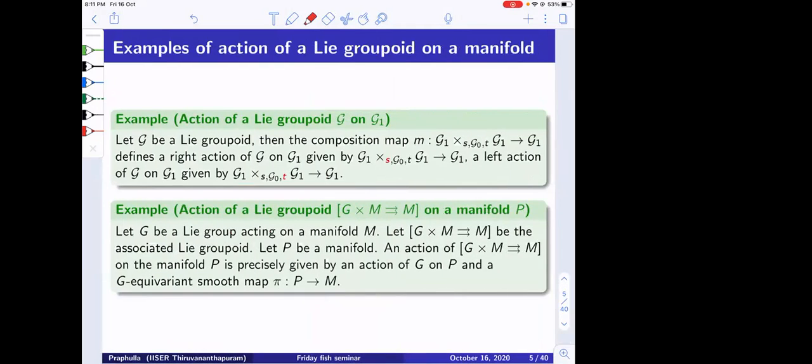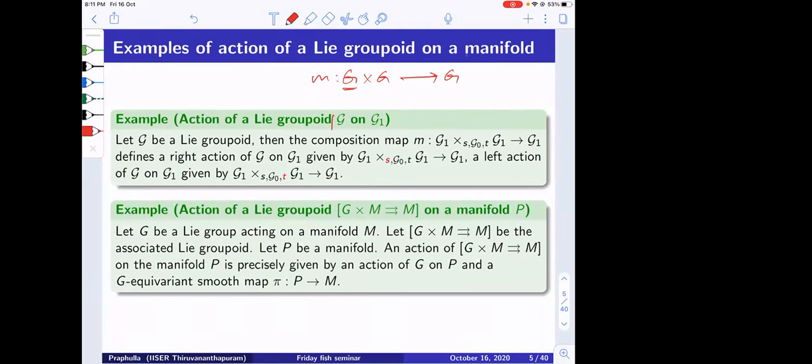And the second example is similar to the group action. If you take a Lie group or any group, there is an action of G on itself given by the multiplication map. Every group comes with a binary operation, so this is the binary operation. You can treat this as a left action or right action depending on what you're treating as a group and what you're treating as a set. Here also we are doing the same thing.